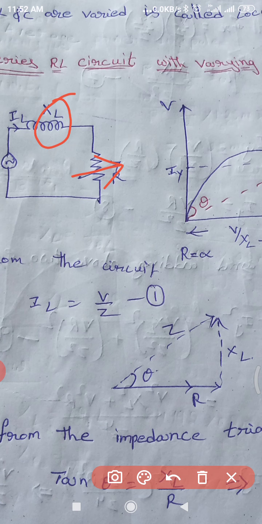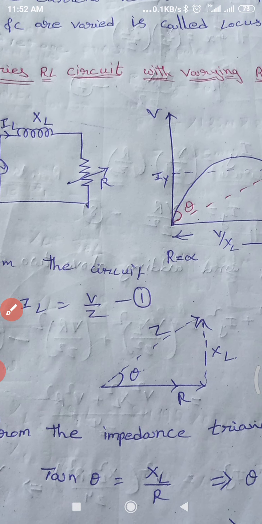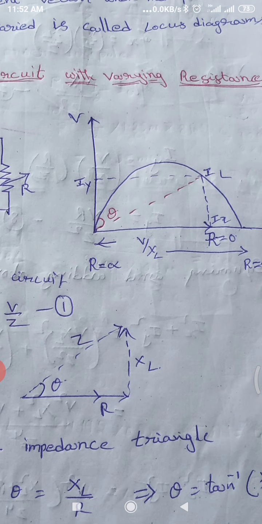Let us consider R is 0 in the RL circuit. That means in our circuit only the inductor is present. Then what is the phasor diagram for this situation?